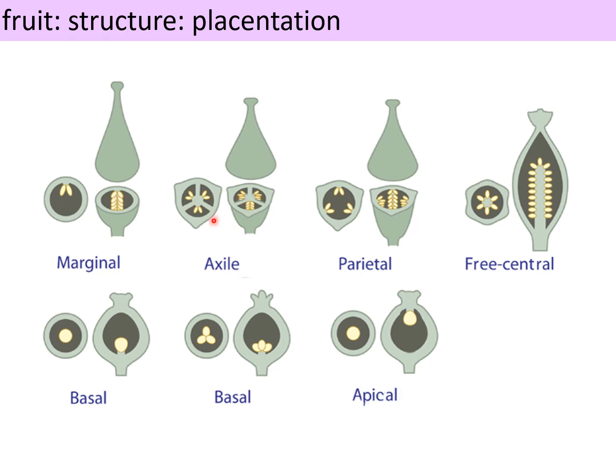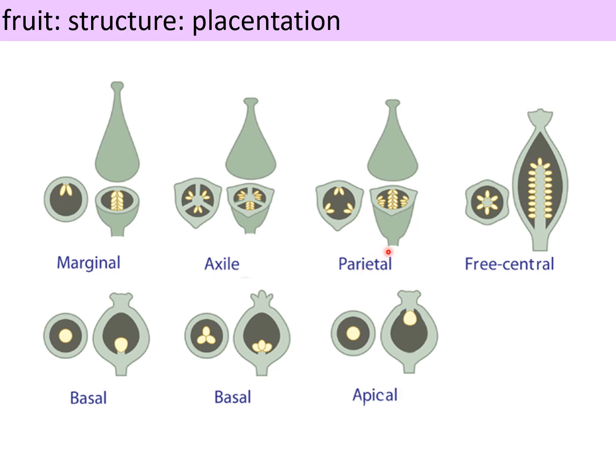Axile placentation is found in syncarpous fruit, where there are many carpels or many locules inside. Each locule forms a central axis and the ovules are attached to the central axis. This is axile placentation.